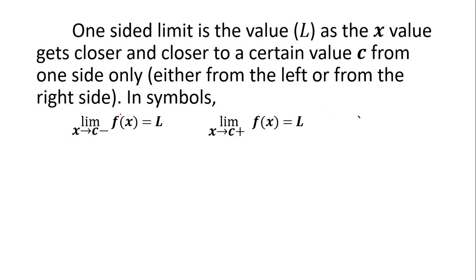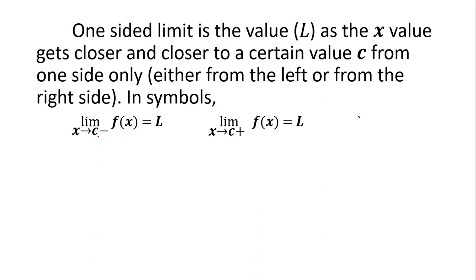In symbols, like this. For a one-sided limit, we have these two directions of approach of a given function. If we get the approach from the left, the negative, not all are negative values. When you say negative values, that's the left side of the value that x approaches.